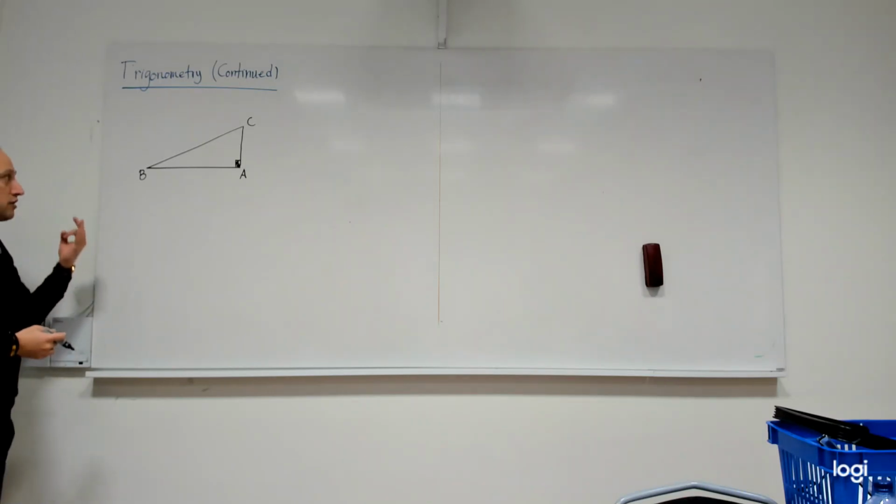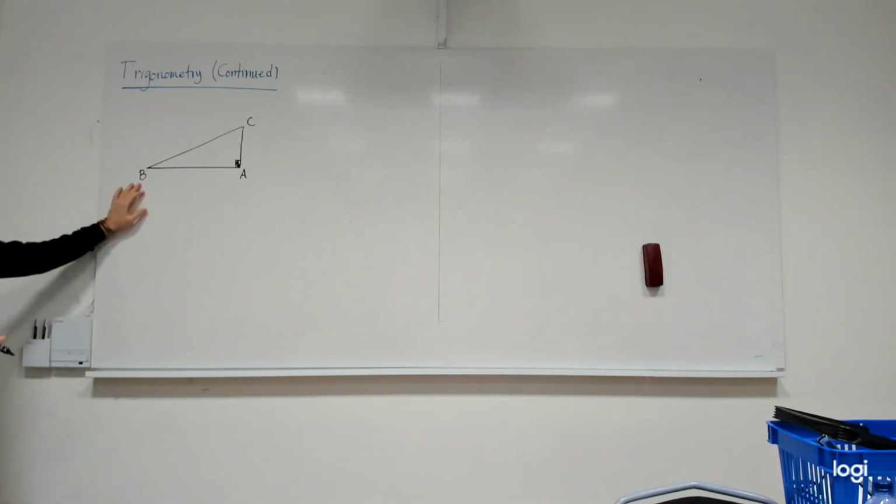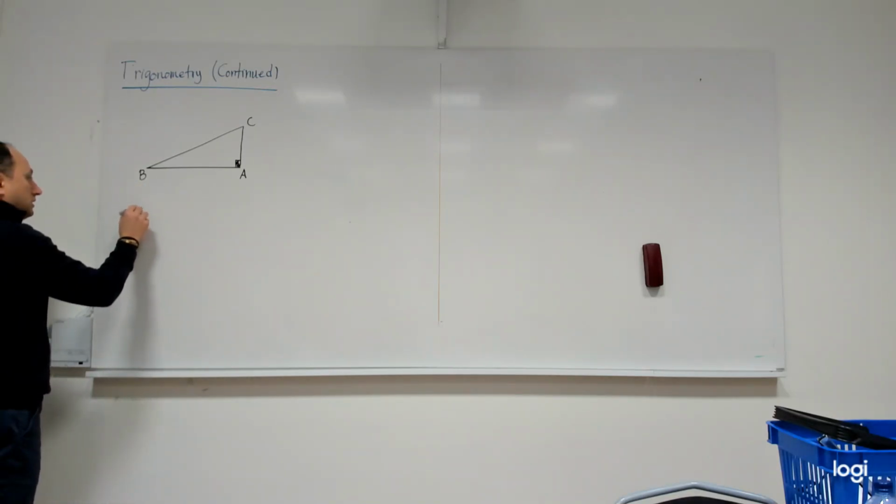Okay? There are three numbers that we want to associate with every acute angle. One of them is called sine, the other is called cosine, and the other is called tangent.